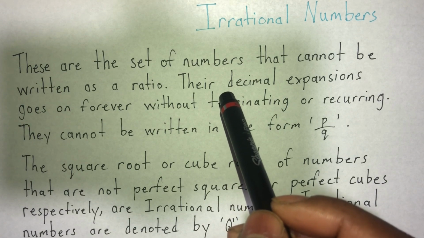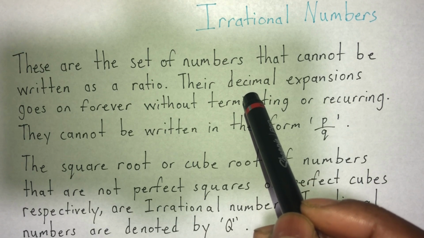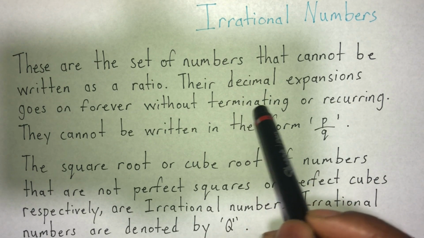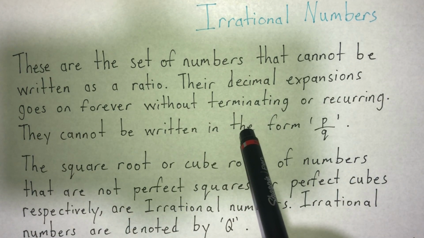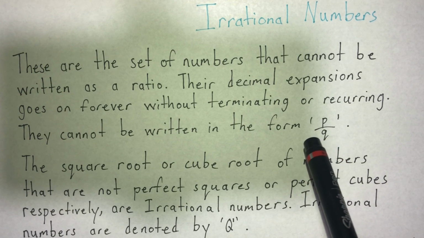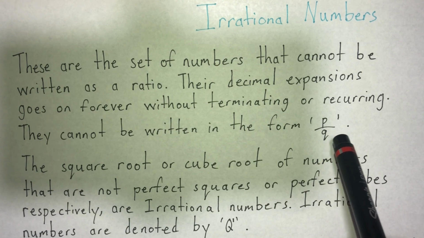However, it does not recur. So it is non-terminating and non-recurring. They cannot be written in the form P over Q. That's the other thing to note about irrational numbers.